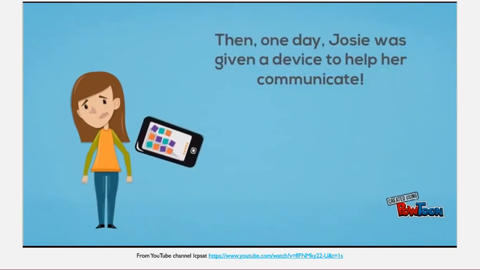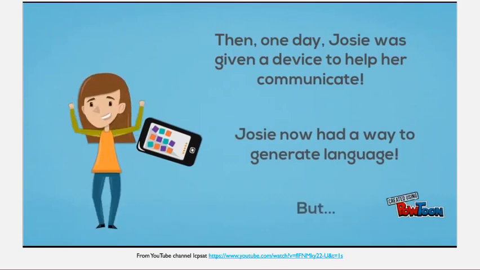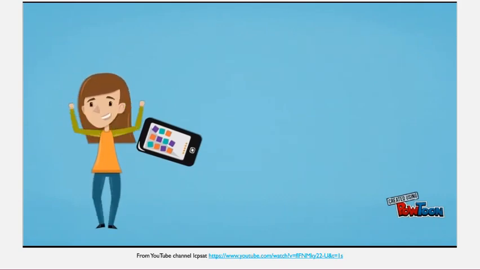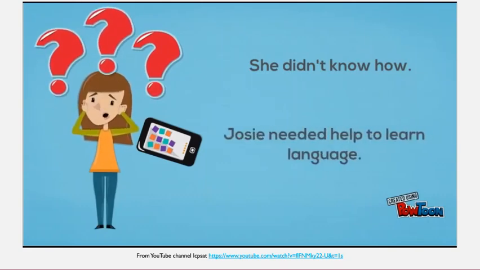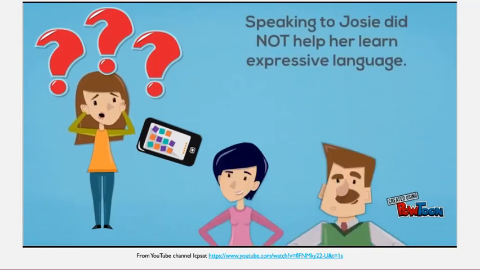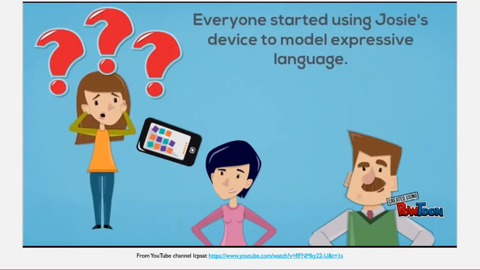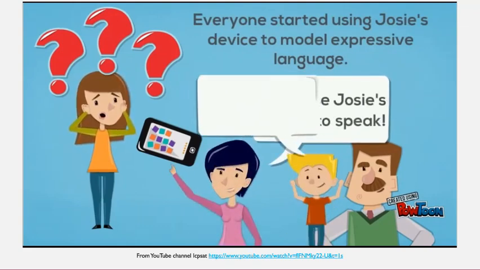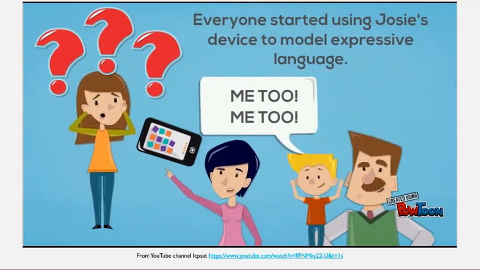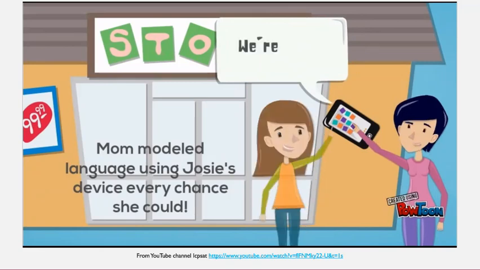Then one day, Josie was given a device to help her communicate. Josie now had a way to generate language, but she didn't know how. Josie needed help to learn language. Speaking to Josie did not help her learn expressive language. Everyone started using Josie's device to model expressive language. Mom modeled language using Josie's device every chance she could.